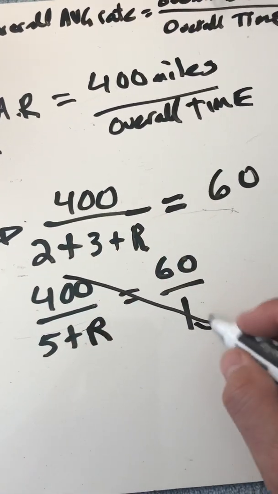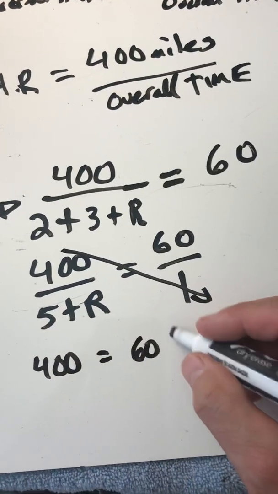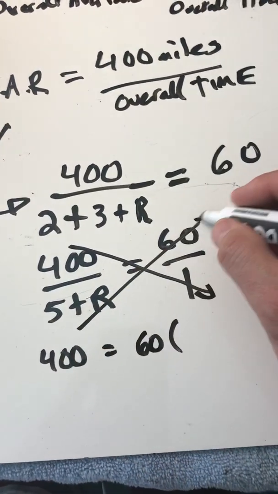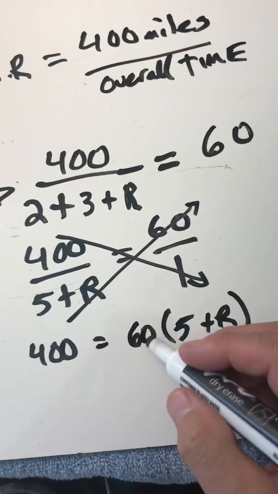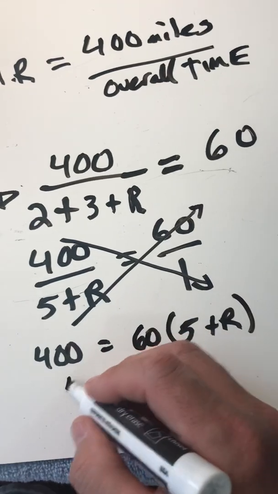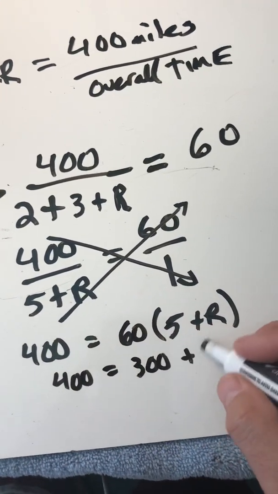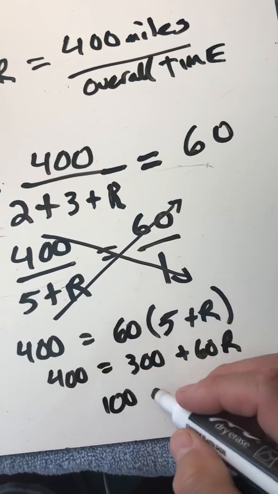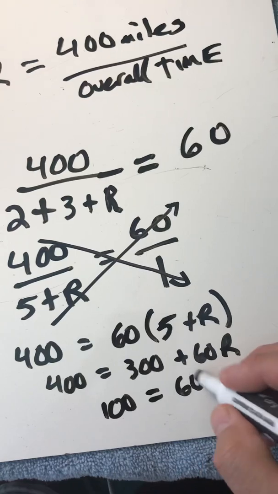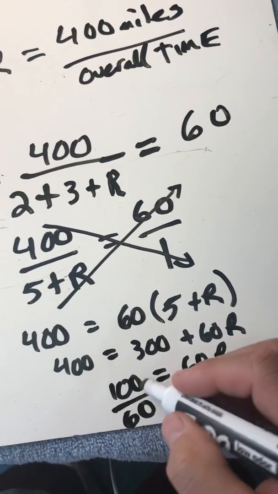So 400 equals 60 times 5 plus r. Distribute here and here. You get 300 plus 60r. You subtract 300 from each side, you get 100 equals 60r. Divide by 60. Divide by 60.